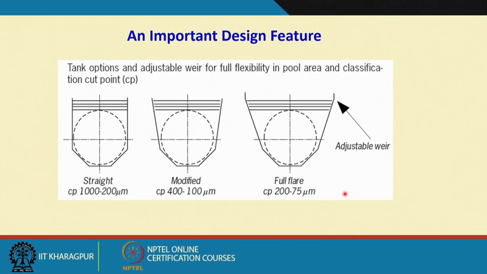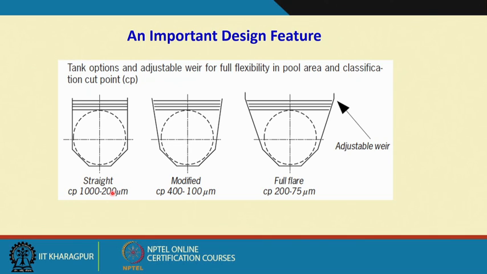Now, regarding the tank, this is an important design feature. What are the options you have on the tank? It can be a straight tank like this, it can have a modified flare type of design, or you can have a full flare like this. For the straight tank, CP means the cut point, that is the size at which you can separate, the D50 size, which is around 1000 to 200 micrometer.